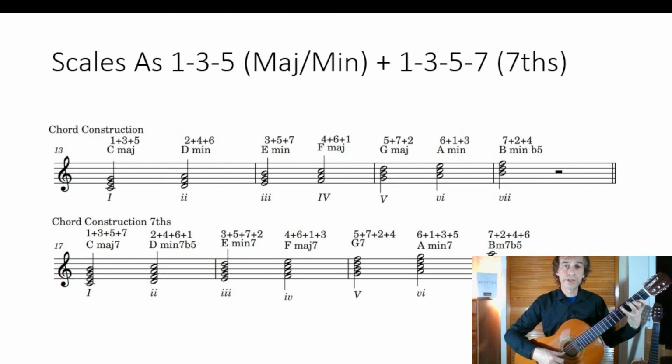When we go notes 3, 5 and 7, we've got an E minor chord. Notes 4, 6 and 1, F, A, C. So that's our chord 4. Chord 5, G, B, D, notes 5, 7 and 2.